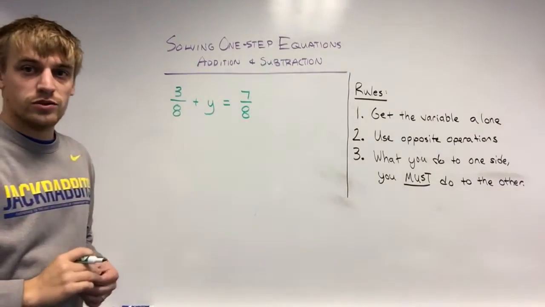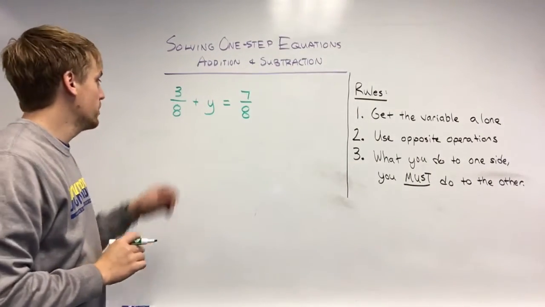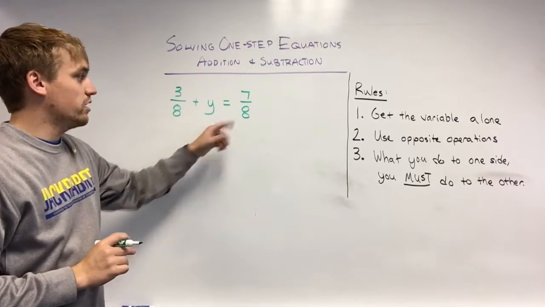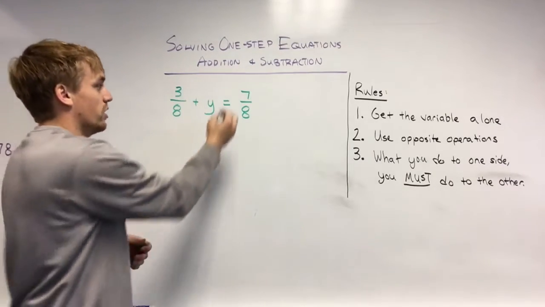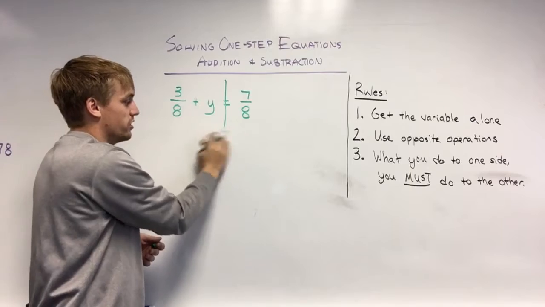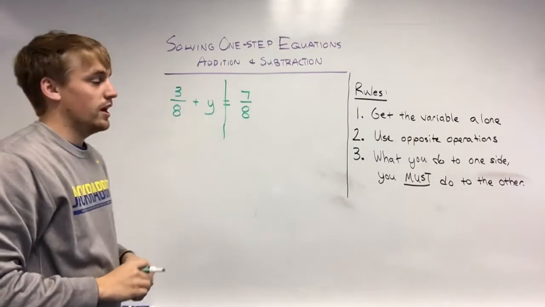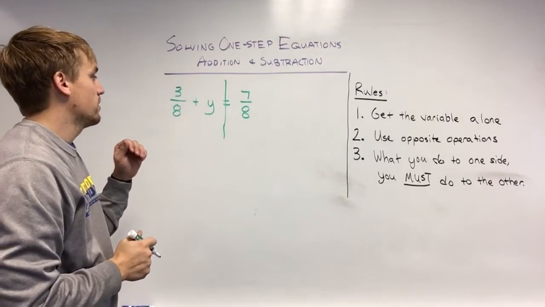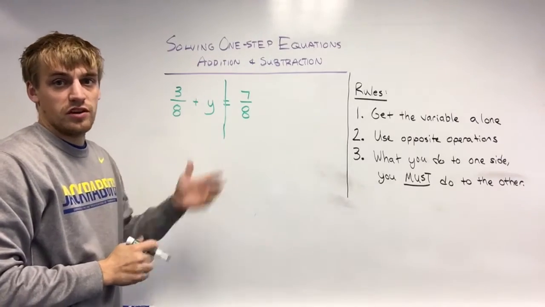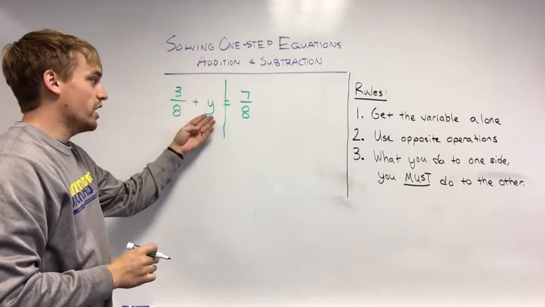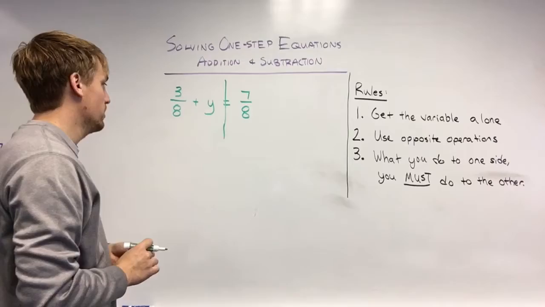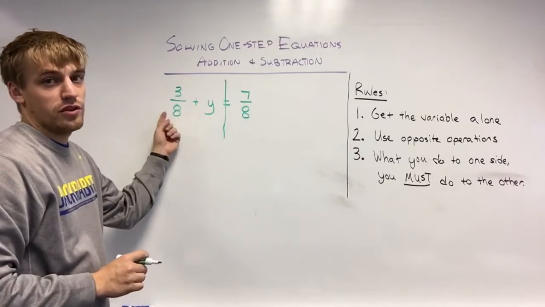Okay, so the second equation we're going to do has fractions in it. So we have 3a plus y equals 7a. I always just split the equation in half with the equal sign and look to see which side the variable is on. In this case, y, the variable, is on the left side, and it's being added to 3a.